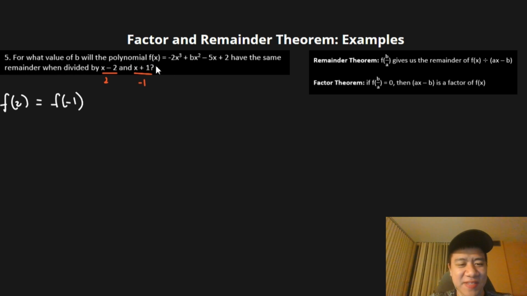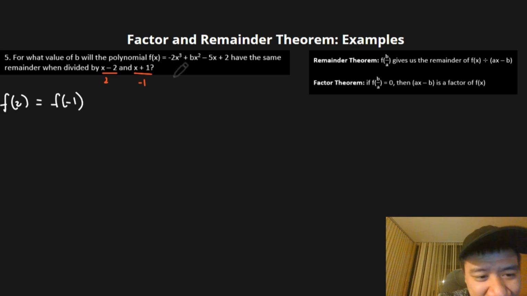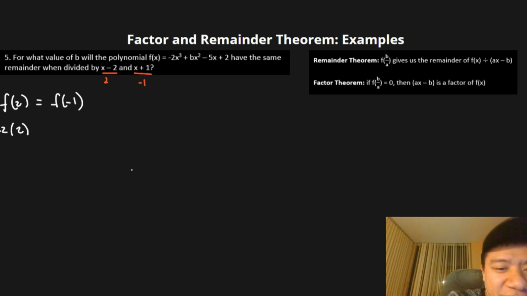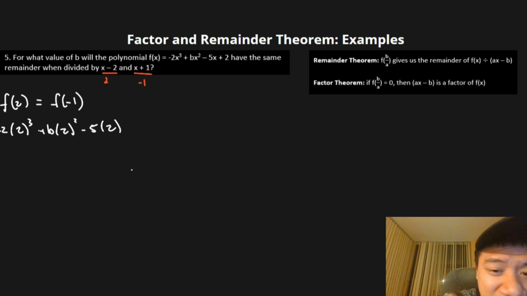And since these have the same remainder, these two values would be the same. So f at 2 equals f at negative 1. Let's proceed. Let's substitute 2 into the function, and we'll get some nice equation over here. So we have negative 2 times 2 cubed plus b times 2 squared, minus 5 times 2 plus 2, equals the same thing, but we're substituting negative 1 instead.